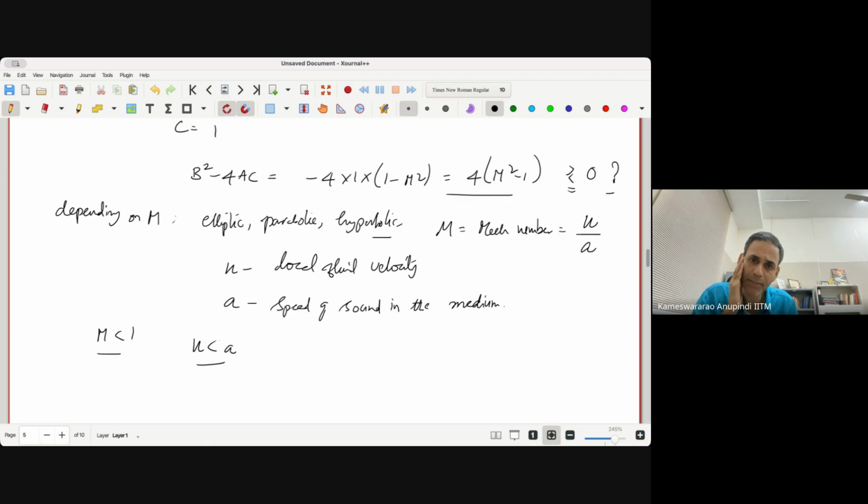If this is the case, M is less than 1, then M squared minus 1 is going to be negative, right? That means for M less than 1, b squared minus 4ac is less than 0. So the equation is of elliptic type, right? M less than 1 actually means the flow is subsonic flow.